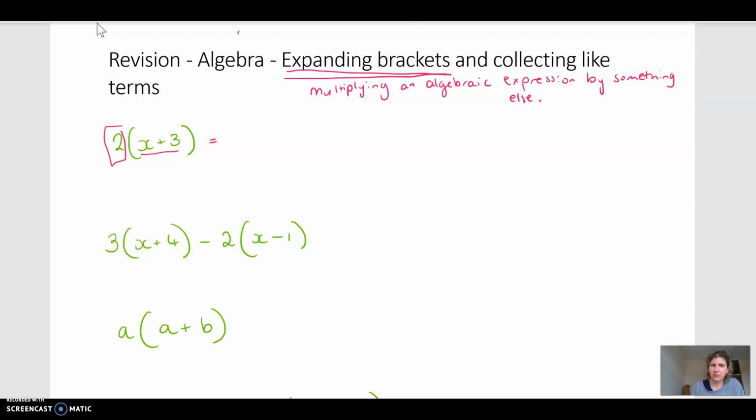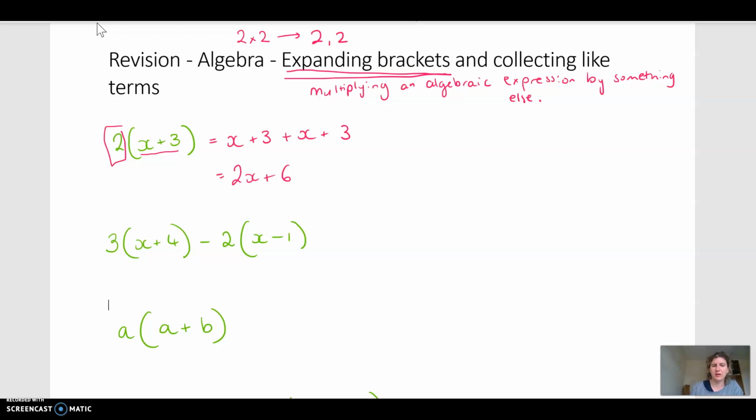Same as if we times 2 by 2, that means we have 2 lots of 2. So we have x plus 3, one lot of x plus 3, and another one. And we can put that together to work out what that would be in a simplified form altogether. And we can see here we have 2 lots of x plus 6.